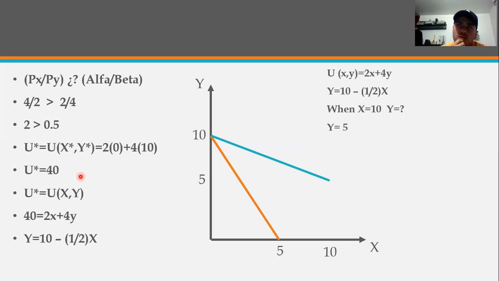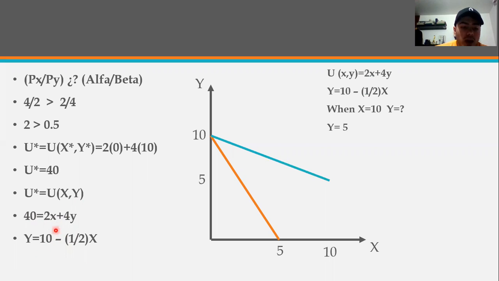What I mean is that the customer prefers to spend all his income, his resources, on Y, on fries. So we don't consume anything of X, then it's equal to 0. And then we have the formula of the utility that is equal to 14. Then you have to equate both formulas. So we have 14 equal to 2x plus 4y.